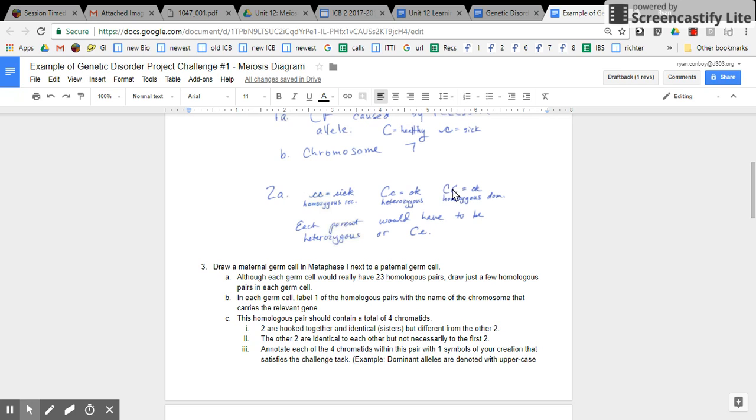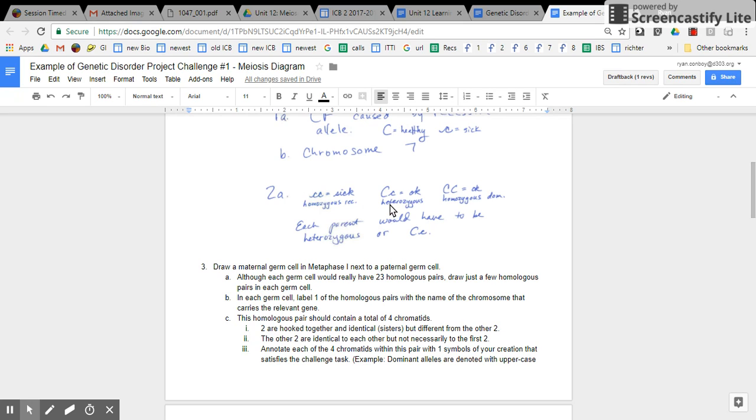So I think of all the possible combinations of alleles that an individual human could have. They could have two big C's, which means homozygous dominant, meaning they are of a zygote that is same in the sense of having two dominant alleles. They could have two recessives that will definitely cause them to be sick with cystic fibrosis, or they could have one of each.